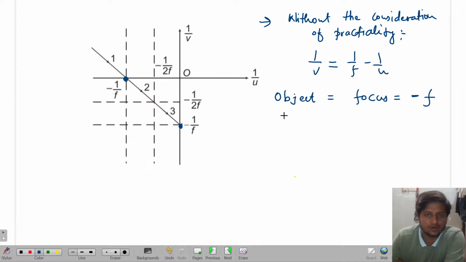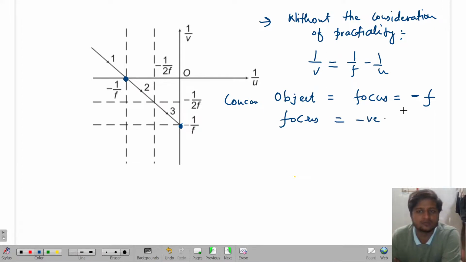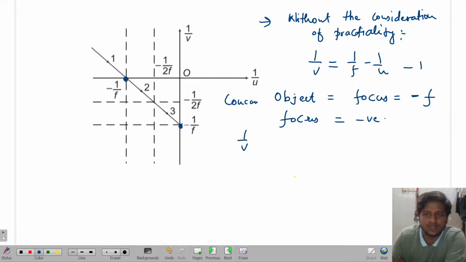Next point: for concave mirror, focus is itself also negative. So both of the things are negative. If I put it in equation 1, 1 by v is equal to 1 by f negative minus 1 by f.